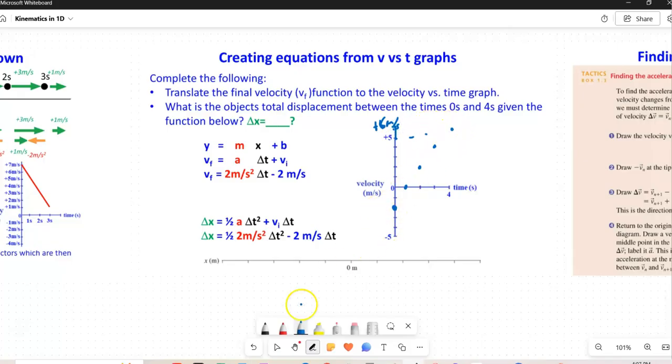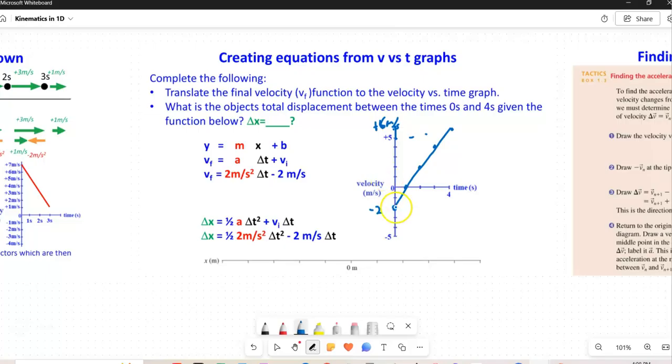And this is what our line is going to look like for the velocity. Oops, that looks terrible. Let's try this again. So we started out here at negative 2 meters per second. And acceleration is adding 2 velocities for every second.